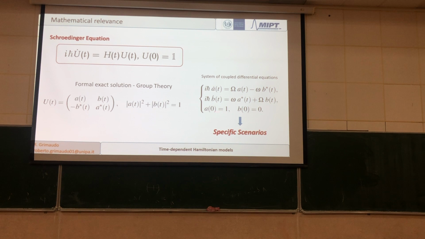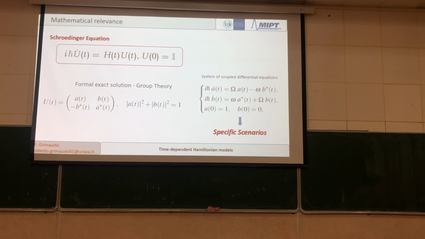The initial conditions for A and B are due to the initial condition U(0) equal to 1. What is very interesting, in my opinion, is the fact that this system of two coupled linear differential equations actually cannot be solved in general terms.